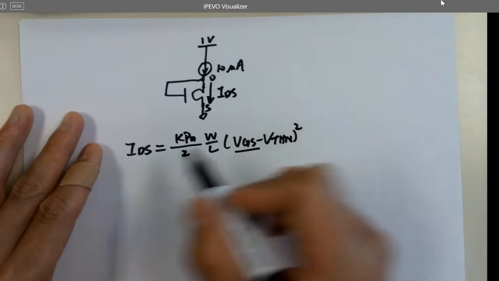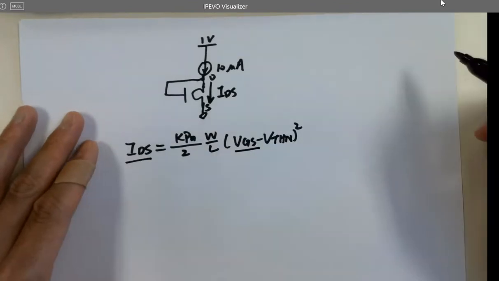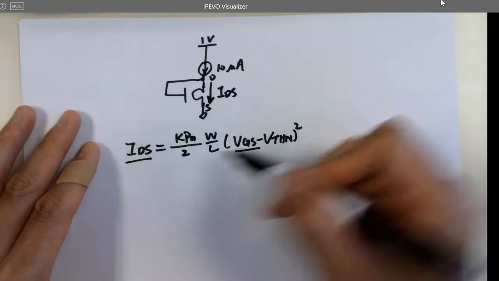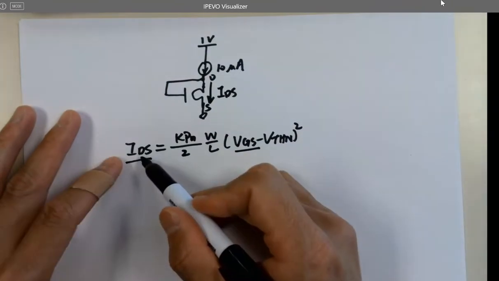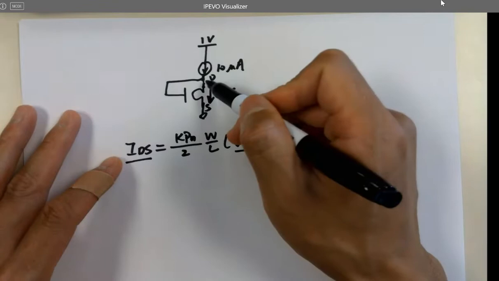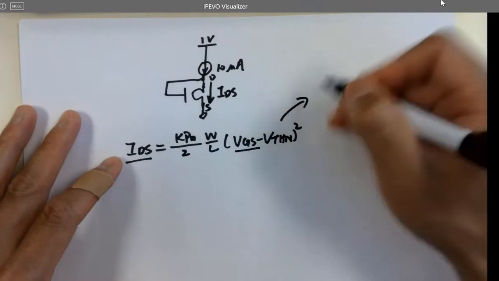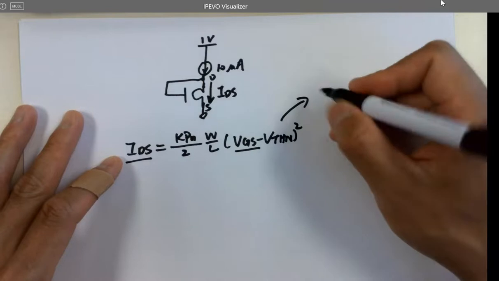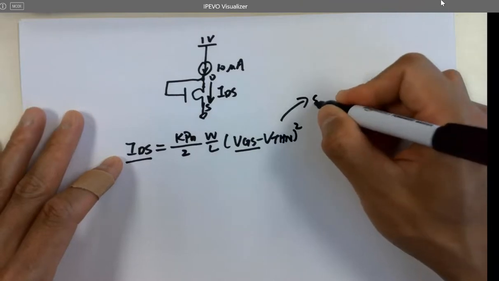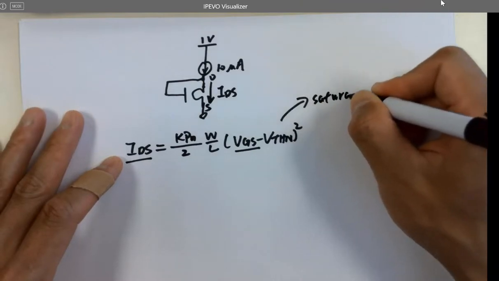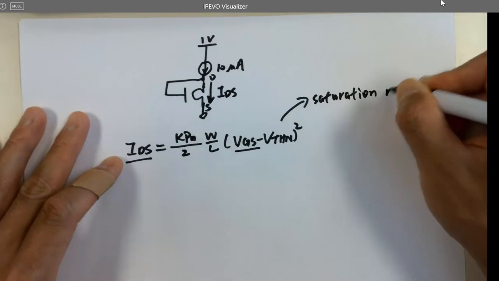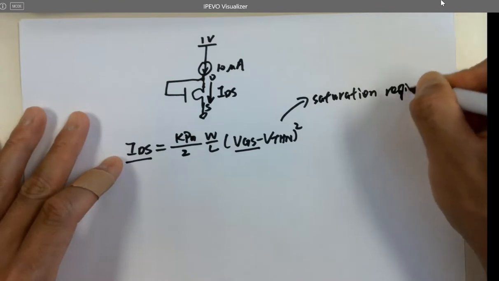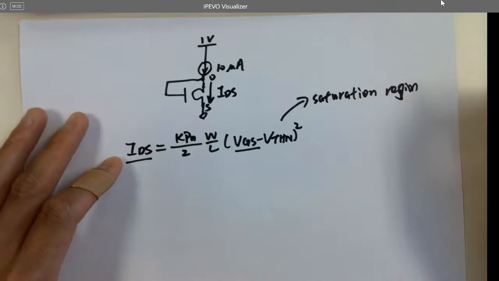So here's a variable, here's the result. If you know VGS, you know IDS. Why? Because this is an equation for the NMOS being operated in where? In the saturation region.